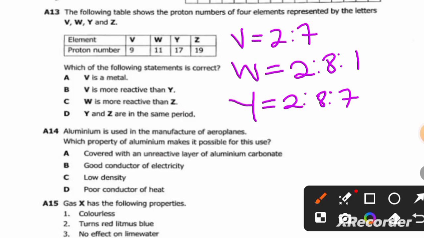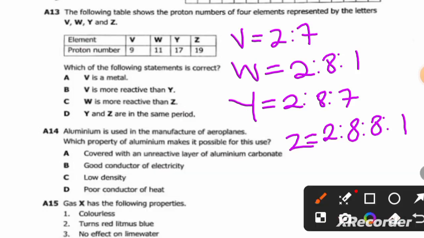Let us also consider Z. The first 2 electrons in the first shell, the second 8 electrons in the second shell, the third 8 electrons in the third shell, then the last electron in the outermost shell.